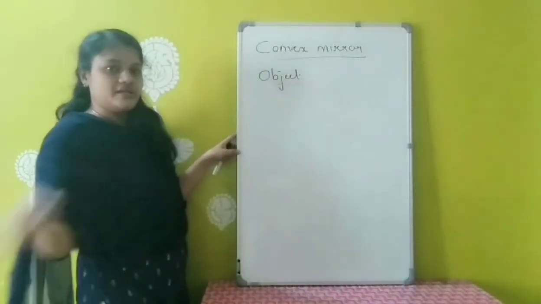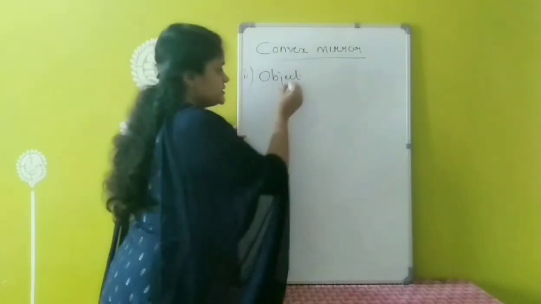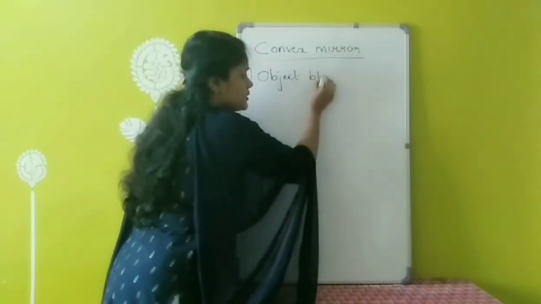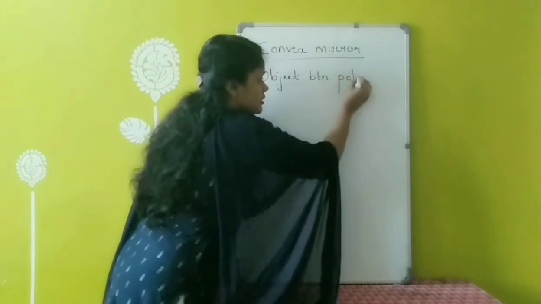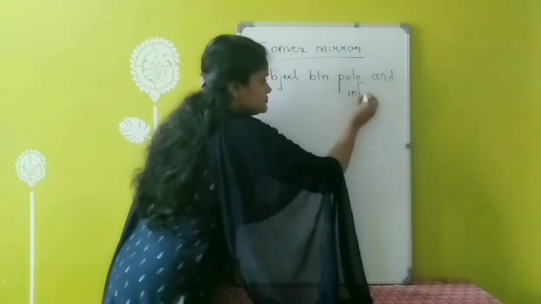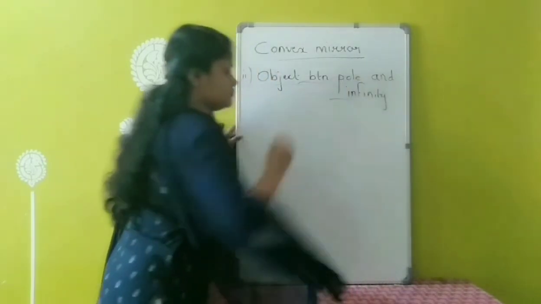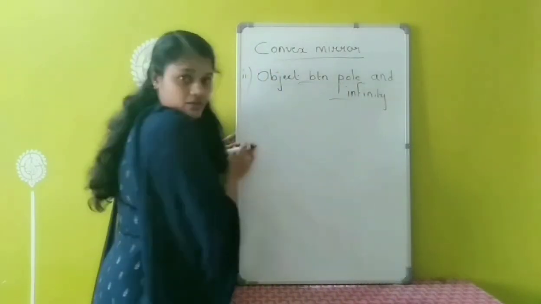So second one and the last one in convex mirror. Object between pole and infinity. Okay. So first of all, I am drawing a convex mirror.